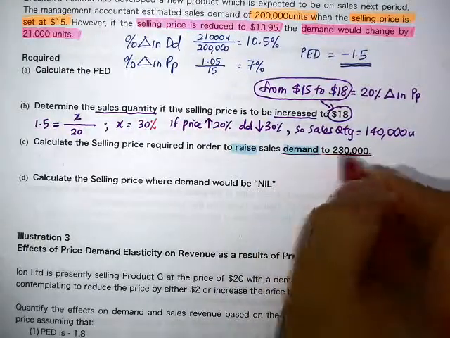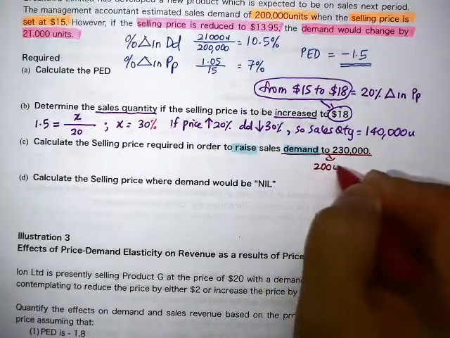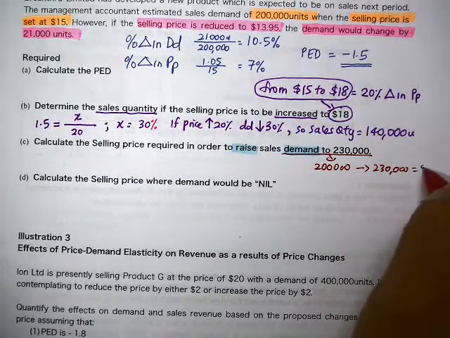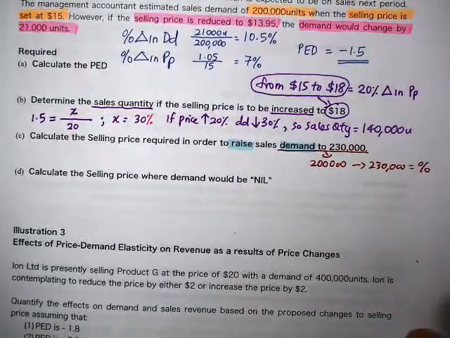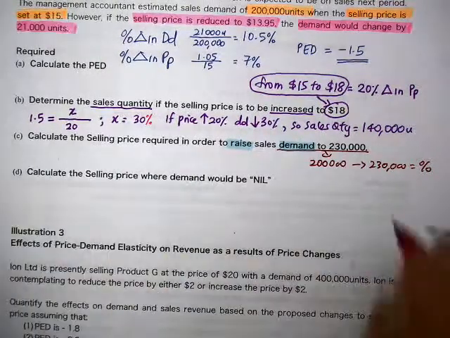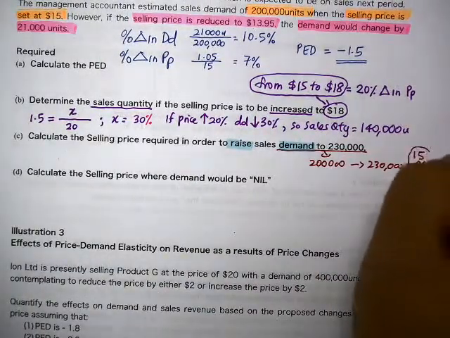Demand raised to 230. 200 to 230 is how many percent? 30 out of 200 is 15%.